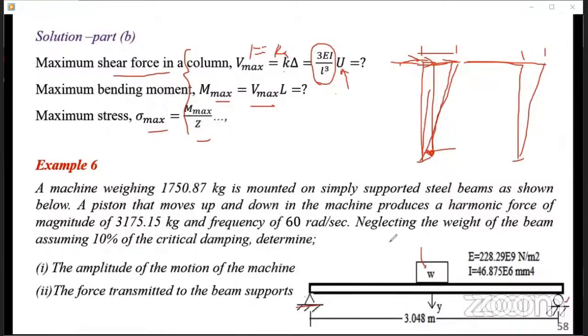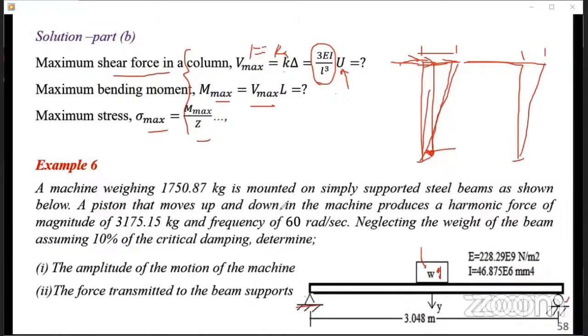A piston moves up and down in the machine. So there is some component, a piston, that's moving up and down. Remember, if there is no motion in this machine, it's just placed, it's just a dead dog, so there's no dynamic force. That's why we are bringing in the concept that something is happening inside the machine, some rotary motion that brings about some dynamic load on the structure.